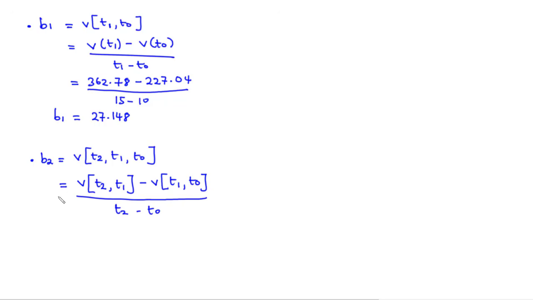Now the next step, we want to expand this. So here we have v of t2 minus v of t1, all divided by t2 minus t1, minus v of t1 t0, that has already been evaluated, and we got b1 to be 27.148.